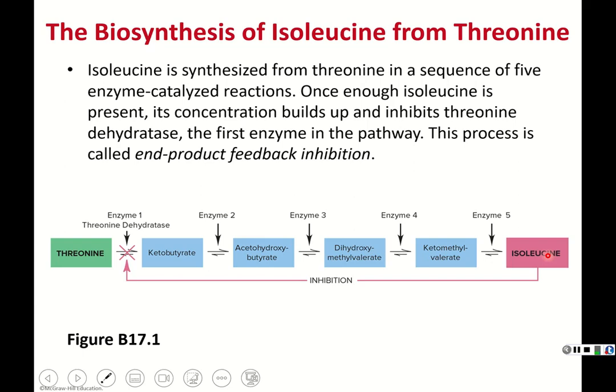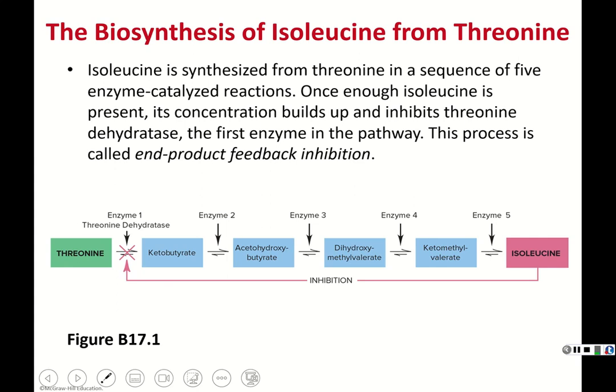Okay. We can also think about biological systems. So here we have isoleucine synthesized from threonine. Okay. You have different enzymes in this step. Obviously, this isn't something you have to know for this class.